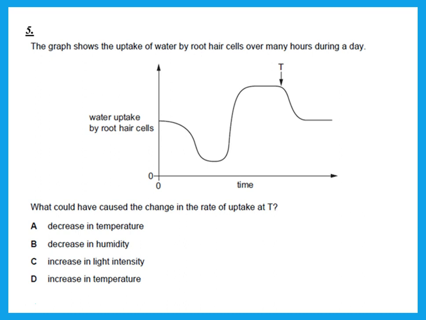Which of these will cause rate of transpiration to decrease? Well, decrease in temperature would cause the rate of transpiration to decrease. But decrease in humidity, no, more water vapor will come out, and increase in light intensity and increase in temperature will cause more water vapor to come out. So the only thing that will cause the rate of water uptake to decrease is a decrease in temperature.